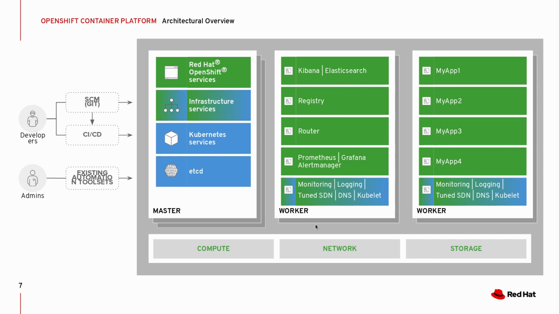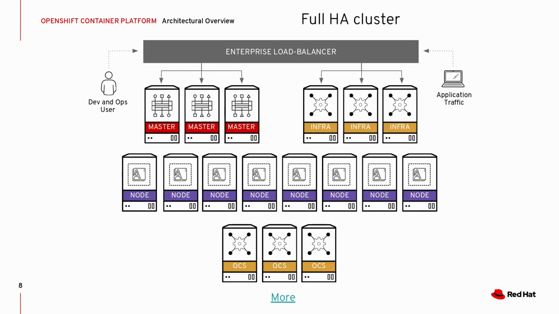Those workers and masters could be either physical or virtual machines, depending on your requirements. And this architecture can be translated into the following deployment architecture. If you want to have a fully highly available cluster without any single point of failure, you will need to install 3 master nodes. It is important to know that you have to have an odd number of masters.